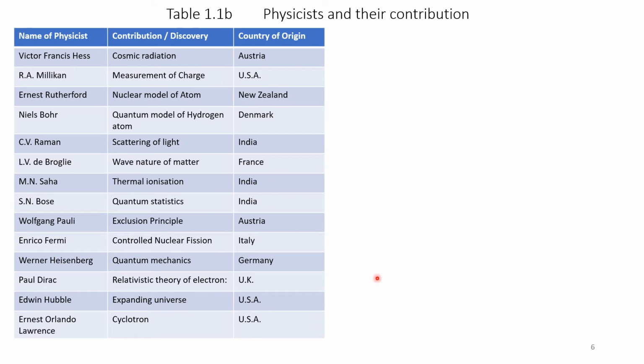Hence, this table 1.1b, which is a continuation of the previous table, also lists a number of physicists and their contributions as well as country of origin. Please go through this list and remember their country of origin and contribution.